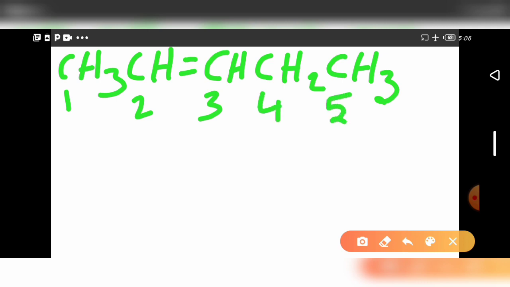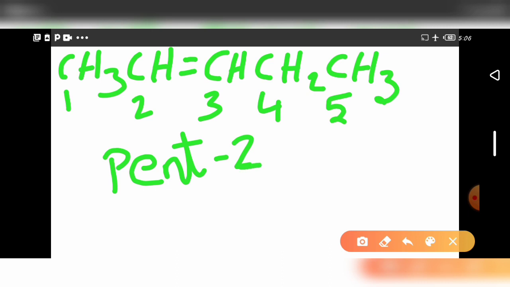So the second carbon contains the double bond. First you have to identify how many carbons: 5 carbons. So the root word is pent. Pent, you put a hyphen. Next, which carbon contains the double bond? Second carbon, so 2.